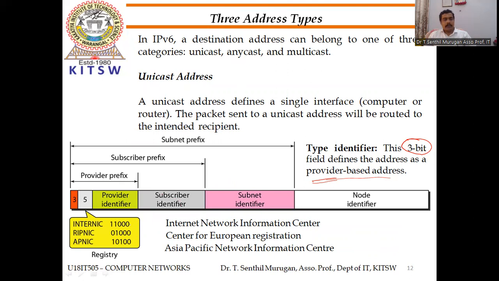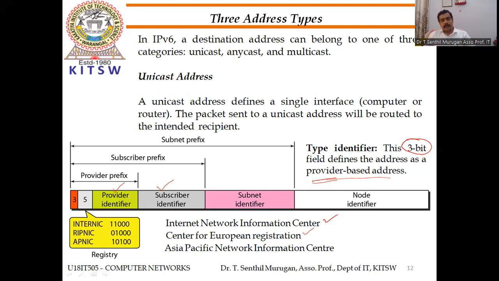In case 11000 means internet network information center. In case 01000 means center of European registration. In case 10100 means Asia Pacific network information center. Okay. So the remaining part is the provider identifier.